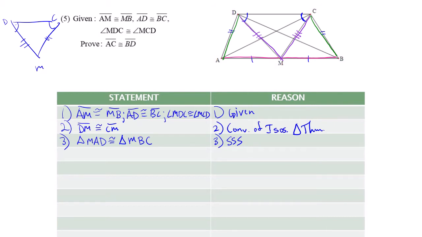Okay. So how does that help us? Well, like I said, I think it'd be beneficial to prove that this triangle is congruent with this triangle, right? Or actually, we could prove that this triangle is congruent to this triangle.